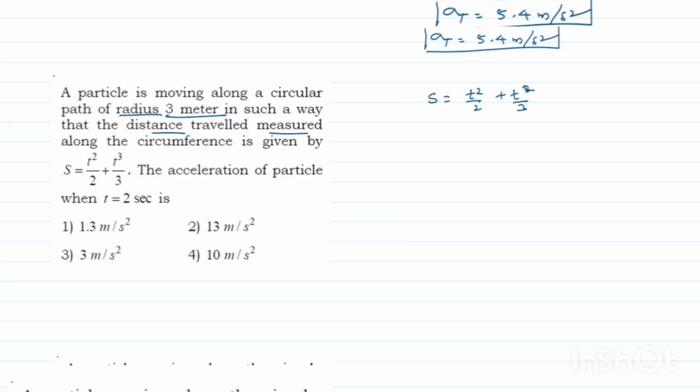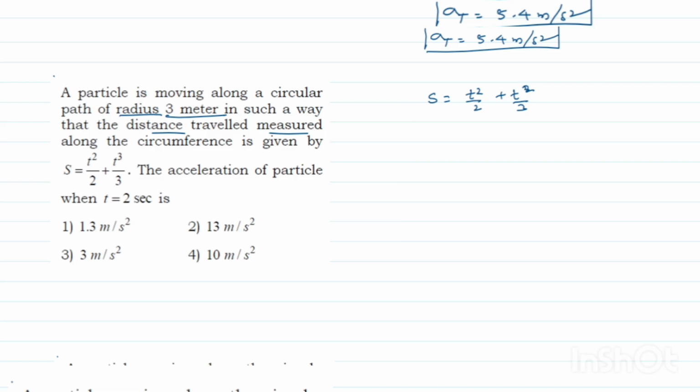We need the acceleration of the particle at time t equal to 2 seconds. If distance is a variable value, then immediately you have to find the velocity. Here the body is moving in a non-uniform circular motion.